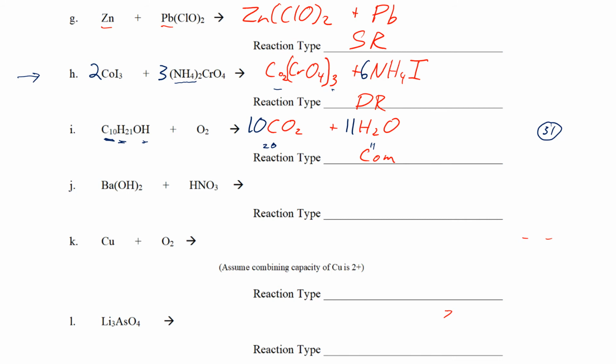Here I got 1 oxygen right there. So if I can make this number look like 30, then it'll be balanced. And thankfully I can just go like this. 15 times 2 is 30, plus the 1 is 31 oxygens. Okay? And so that's balanced now.